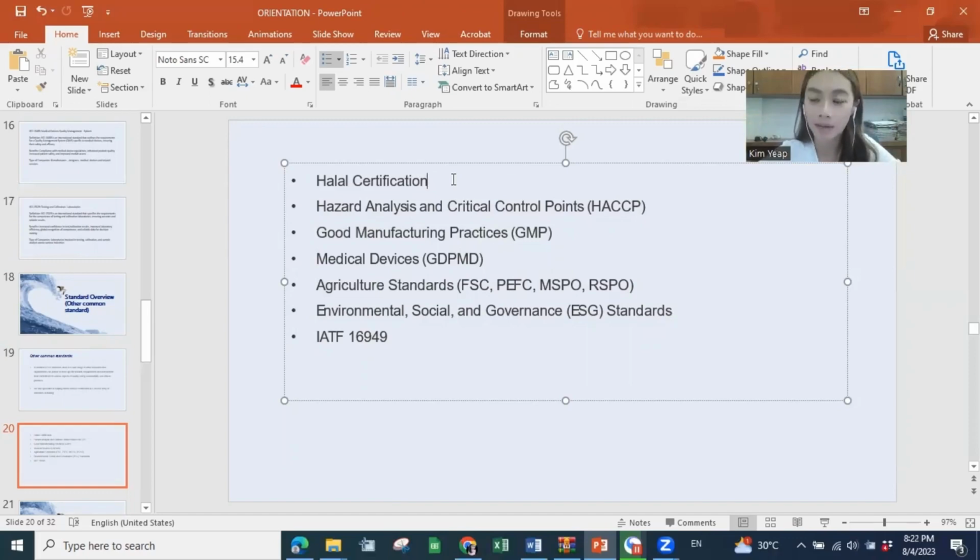So that's another type of standard for cosmetics. Logistics also has it. If you are a logistics company, you need to make sure the goods you carry are not mixed with haram goods. Logistics also has its own halal standard.